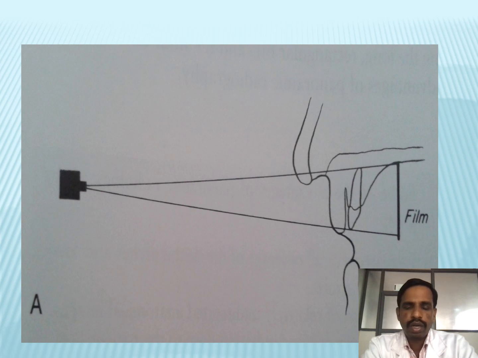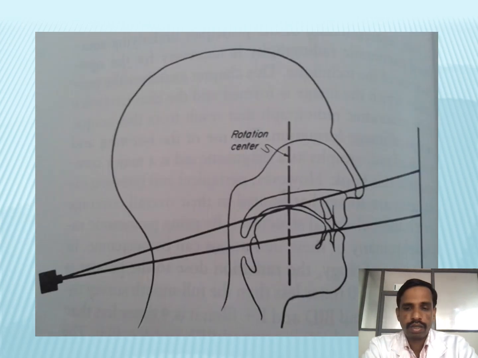So when you project the object or tooth vertically, basically you are placing the film inside the oral cavity, and the object is there, the extraoral site is there, in the case of IOPA film, IOPA techniques. Whereas in extraoral radiography, the same technique is used, but the cassette is placed outside the oral cavity instead of an IOPA film.